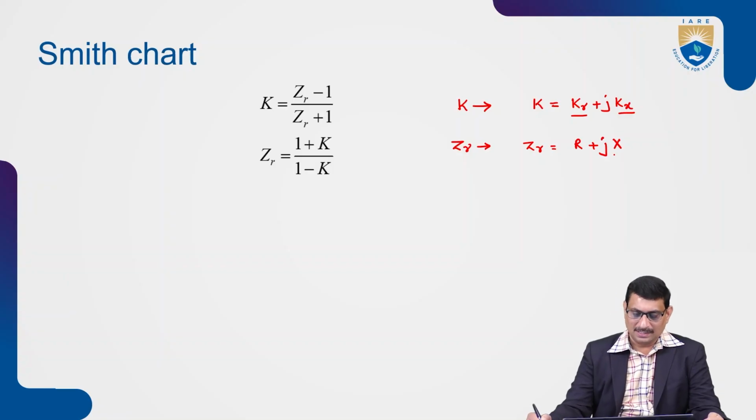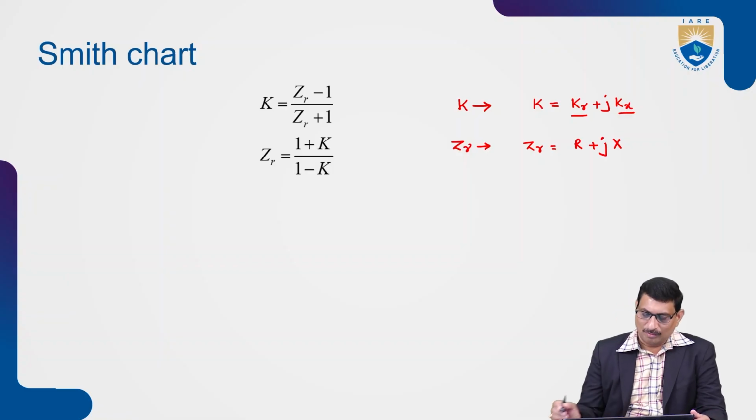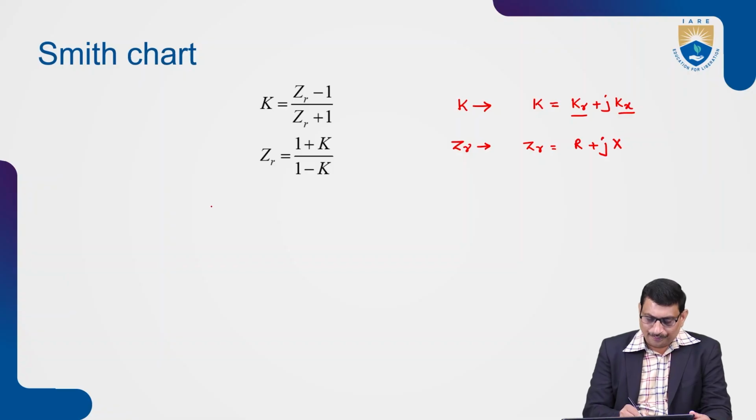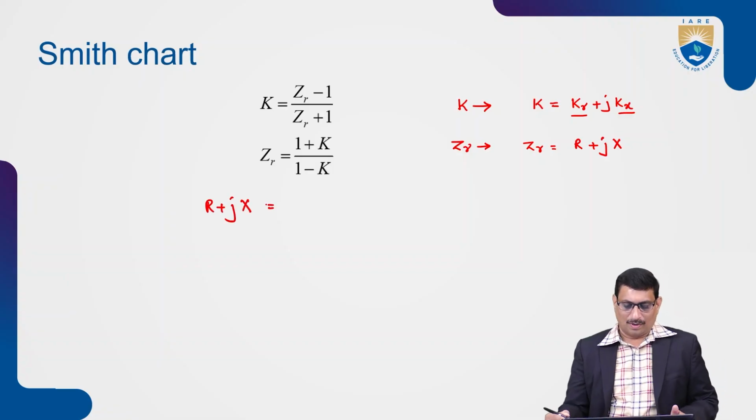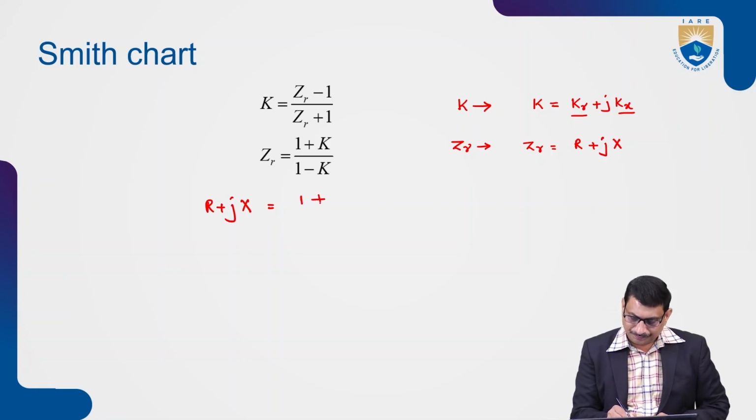If I substitute these two complex constants in terms of their real and imaginary values in this expression, then it becomes Zr equal to R plus jX equal to 1 plus K divided by 1 minus K, that is, 1 plus Kr plus jKx divided by 1 minus Kr minus jKx.